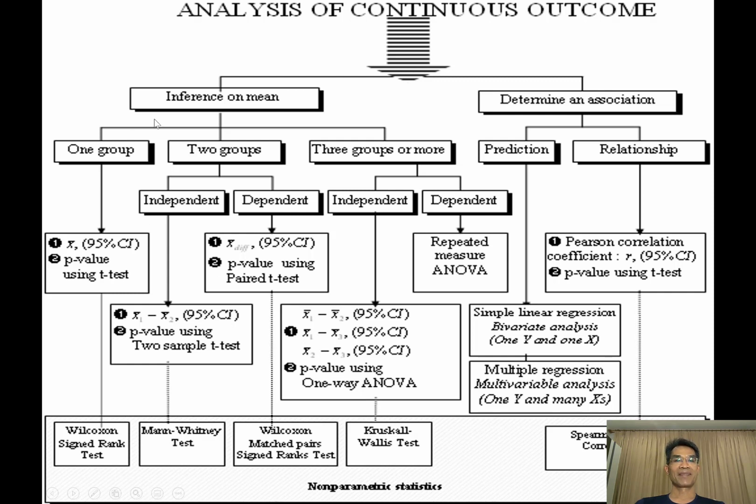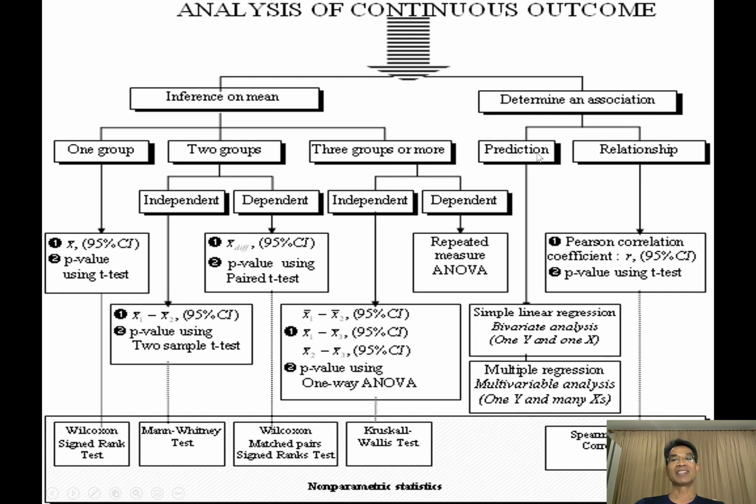Now there are three issues arising, and I would like to summarize here. The first issue is the type of outcome. We know where to go. In each type of outcome, there is a question: inference on the mean, or association. The second one: is there a comparison between groups?